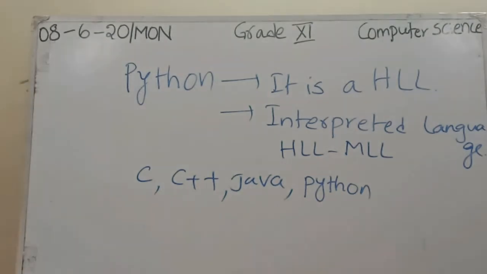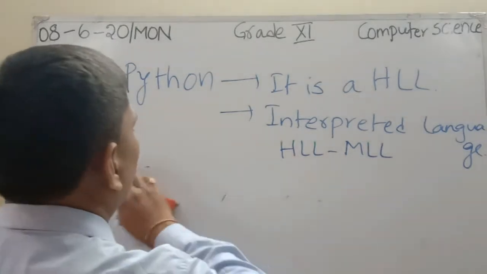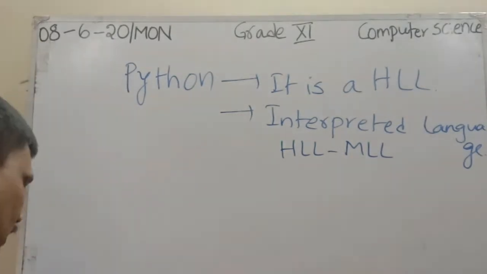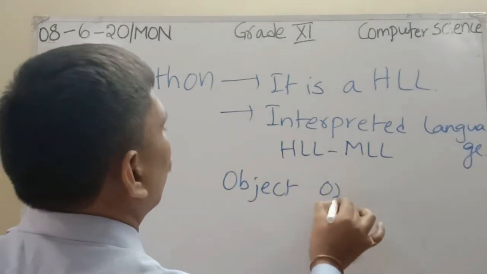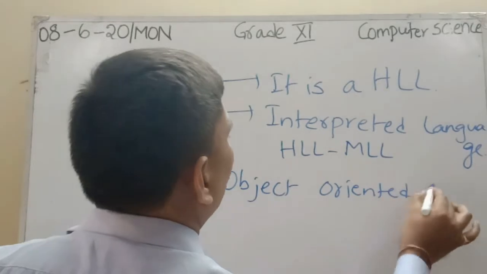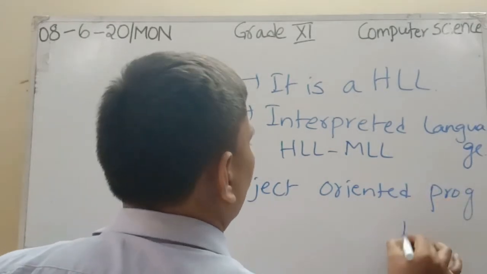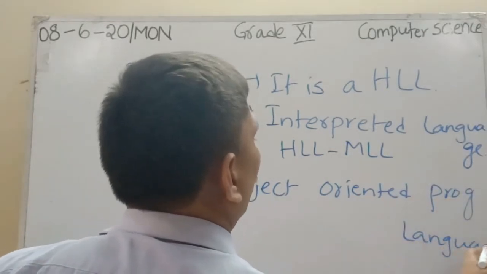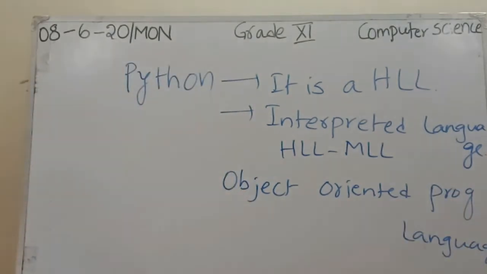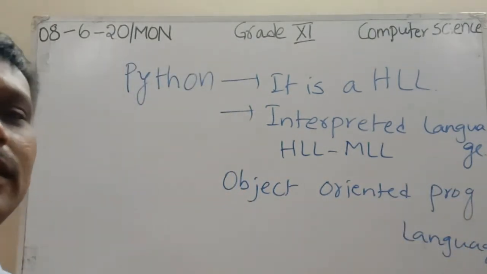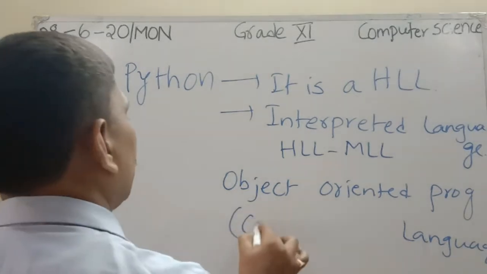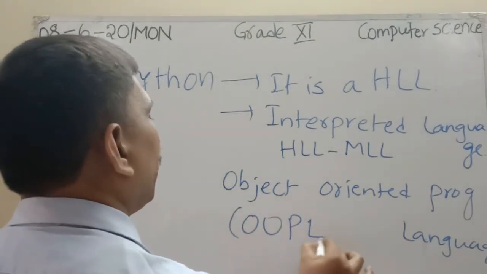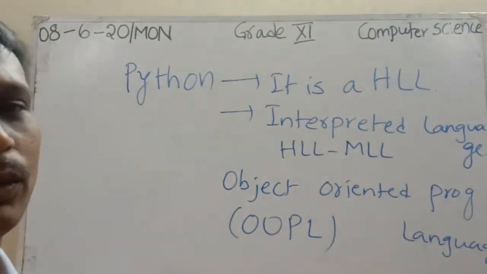So coming to this, Python is an object oriented programming language. What is meant by an object oriented programming language? C++, Java, Python, these are all object oriented programming languages. This is called OOPL, which stands for object oriented programming language.